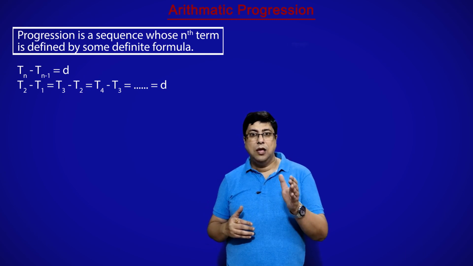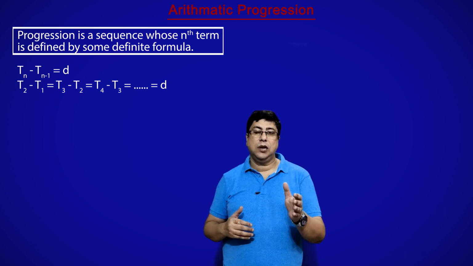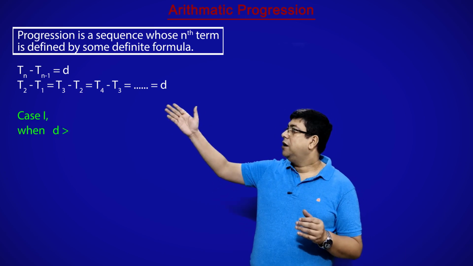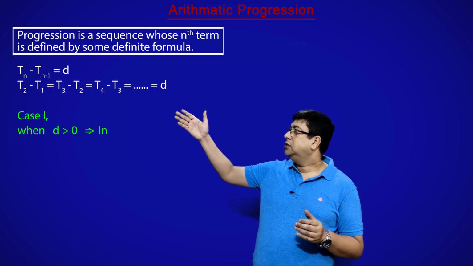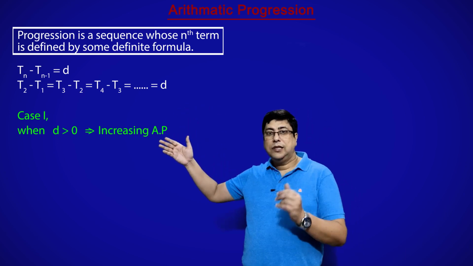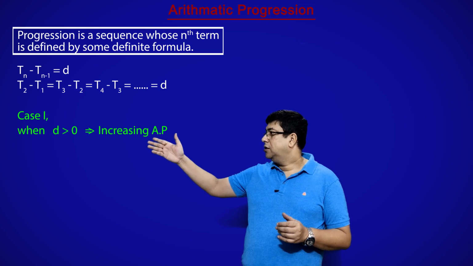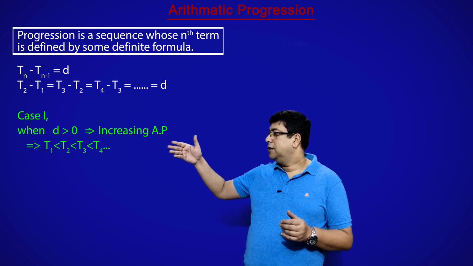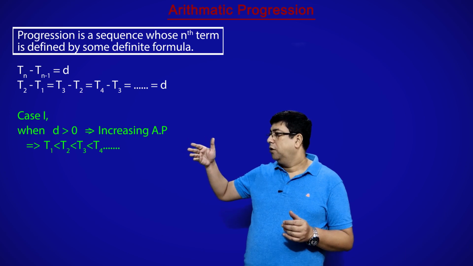Depending on the nature of the common difference, an arithmetic progression can be divided into three categories. Case 1, when d is greater than 0, this is called an increasing AP. That is T1 less than T2 less than T3 less than T4 in this way.